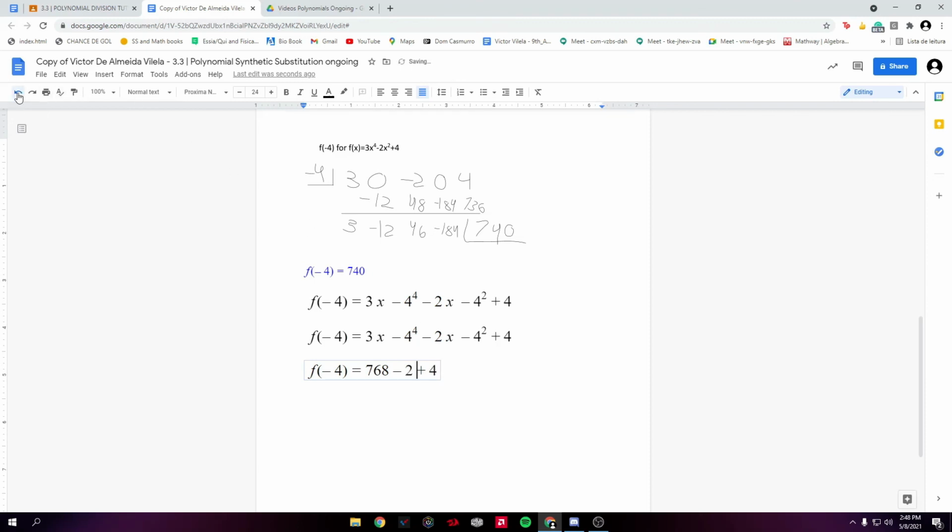Let's see here. When we actually do this, it's going to be negative 4 times negative 4, which is positive 16. So positive 16, and then we actually have a negative 2 here. Sorry, it's times.